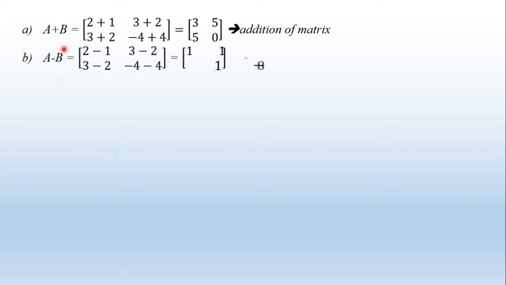Whereas subtraction of matrix A minus B is subtracting the corresponding values: 2 minus 1, 3 minus 2, 3 minus 2, minus 4 minus 4, then the values become 1, 1, 1, minus 8. This is the subtraction of matrix.